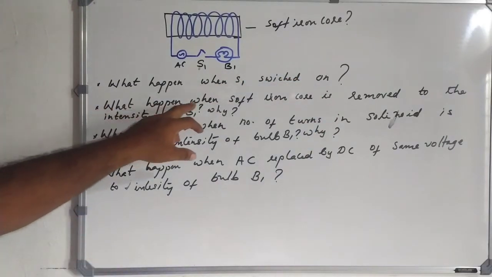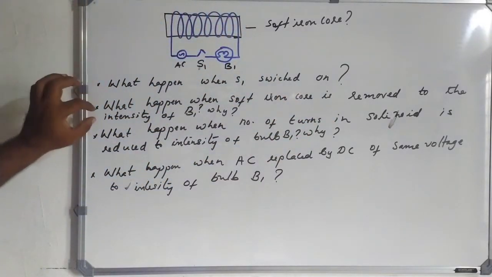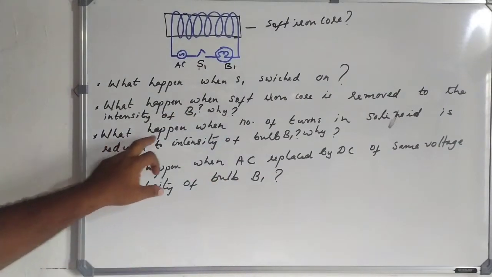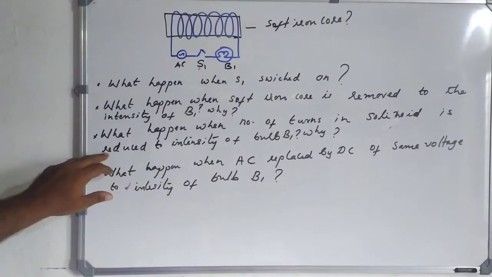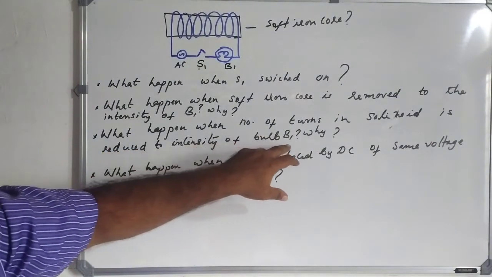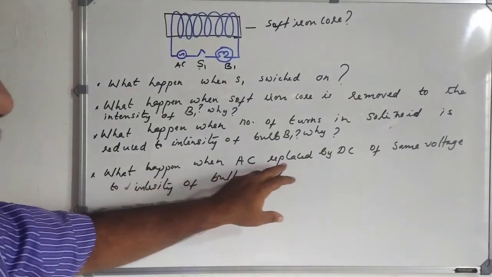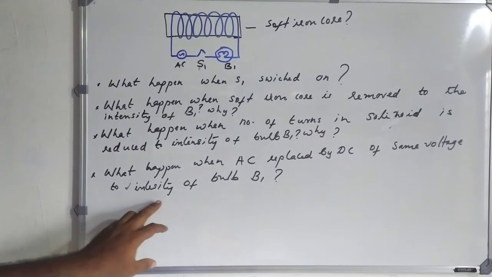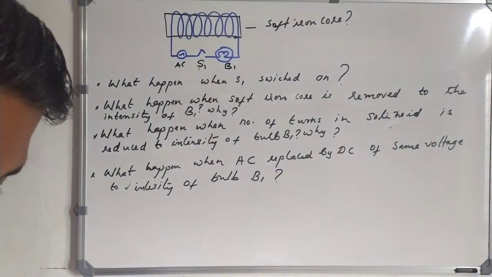Second, what happens to the intensity of B1 when the soft iron core is removed? Third, what happens to the intensity of bulb B1 when the number of turns in the solenoid is reduced? Why? Fourth, what happens to the intensity of bulb B1 when AC is replaced by DC of the same voltage? So this is our question.